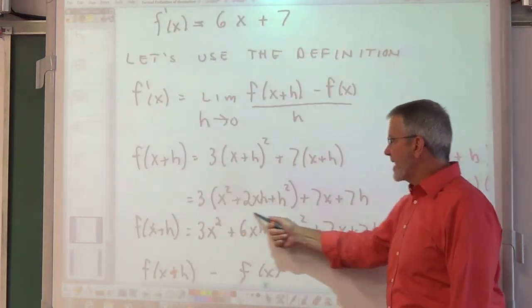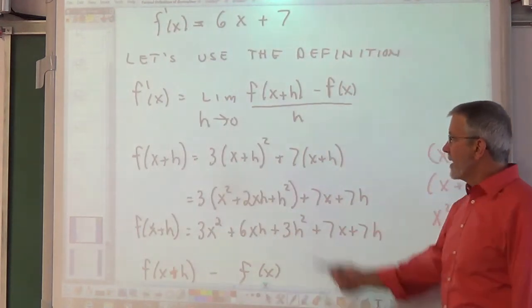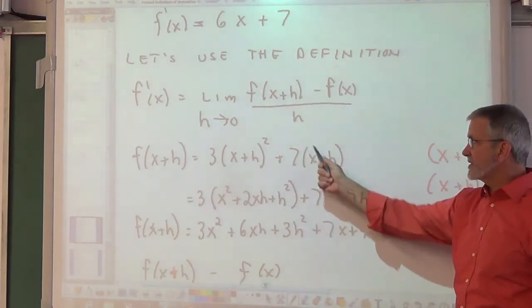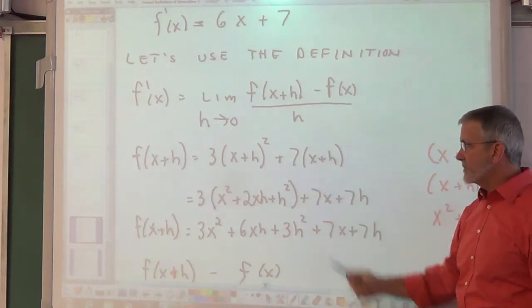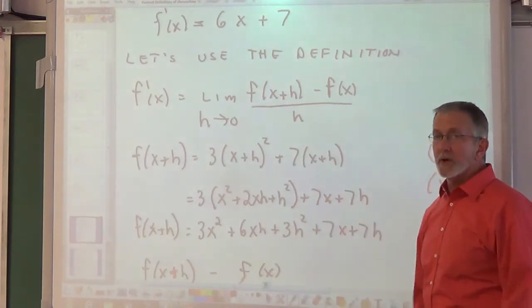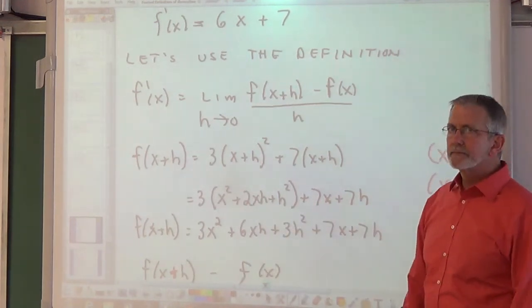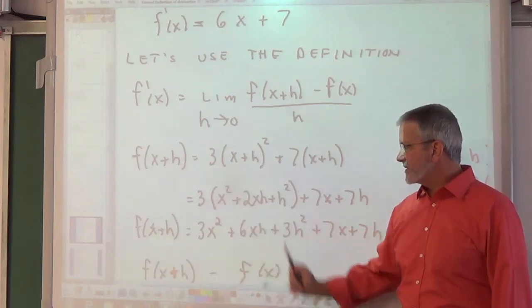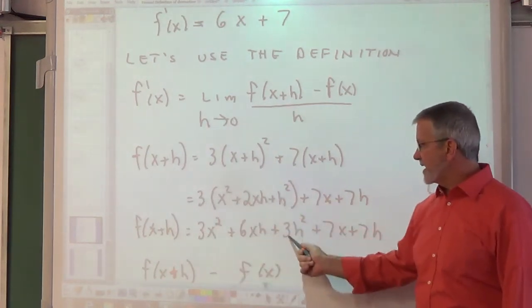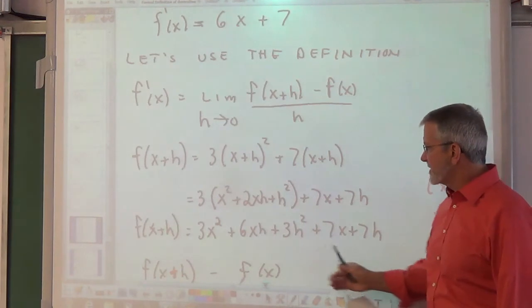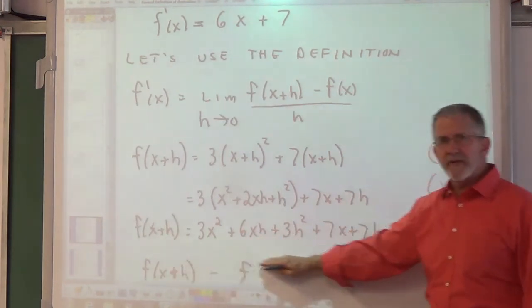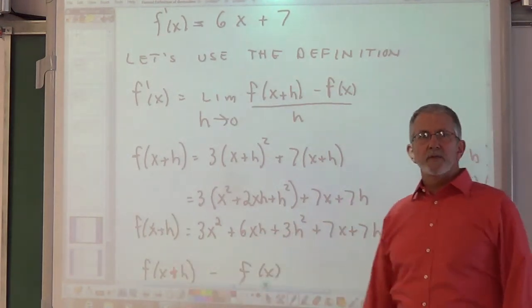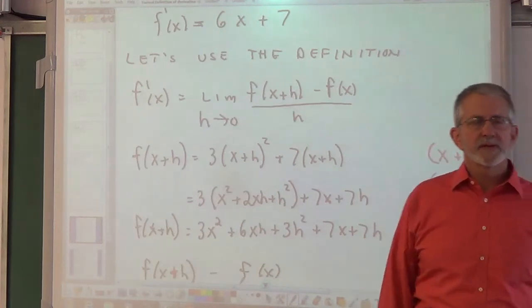So I have 3 times that, plus 7 times x plus h, 7 times x, 7 times h. And then I'm going to multiply through by the 3. 3 times x squared, 3 times 2xh, 6xh, 3 times h squared, plus 7x plus 7h. This is f of x plus h. If you need to pause the video, please do.